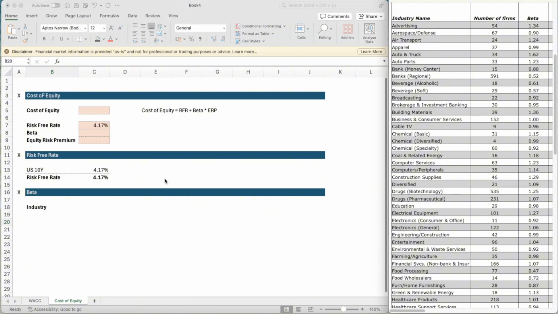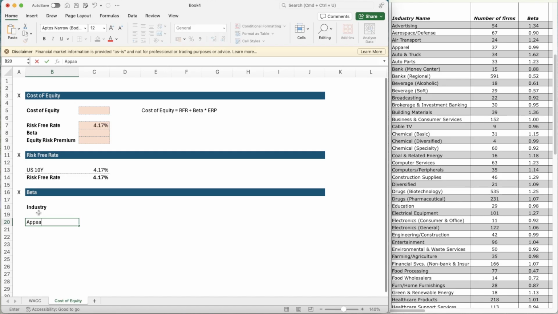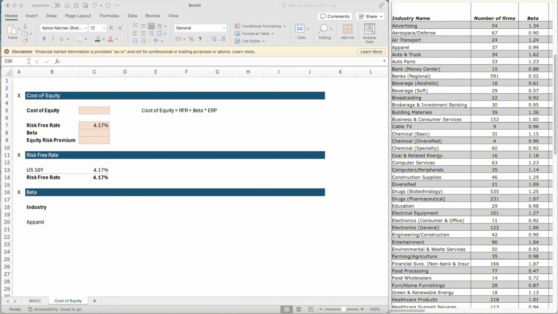I mean, yeah, it's going to be apparel. And what we want to see is the sample size, the unlevered beta for that specific industry, what would you call it, category?